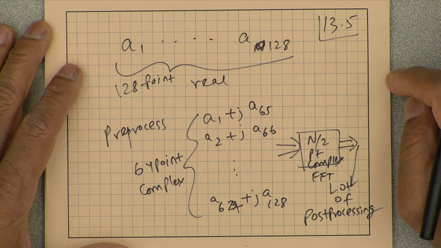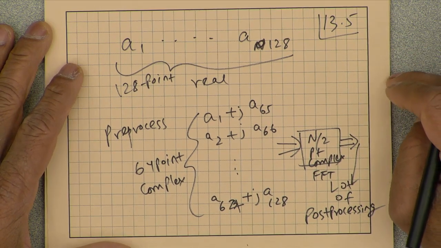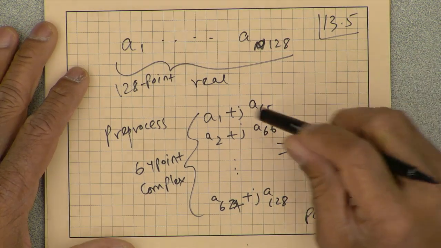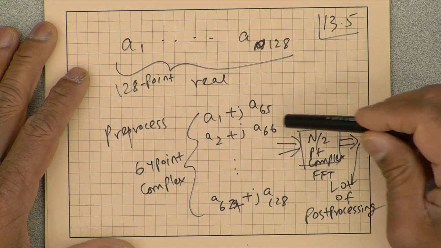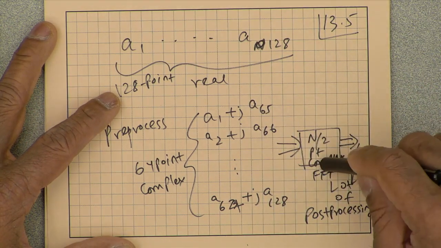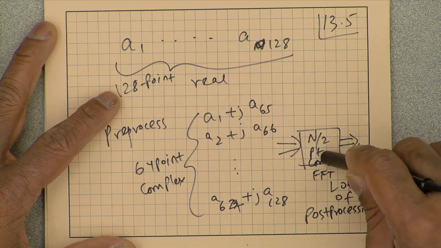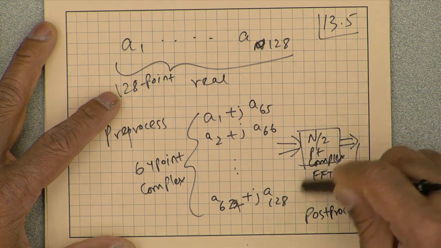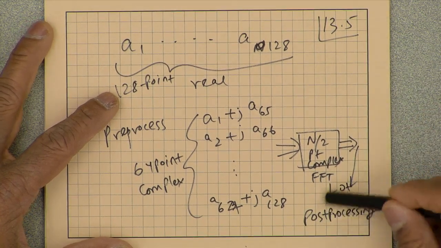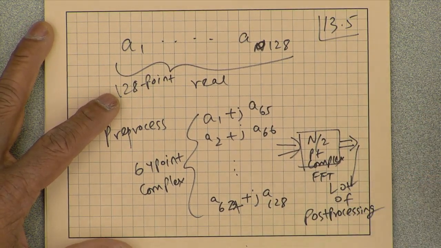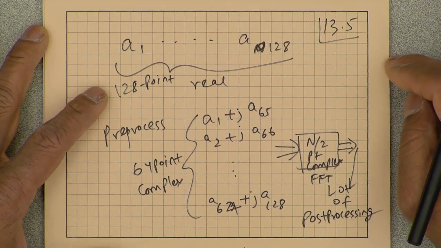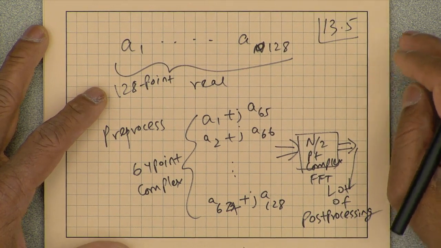So IFFT in the transmitter and the FFT in the receiver for ADSL applications by taking an n point signal, creating an n by 2 point complex signal, computing n by 2 point complex FFT, and then doing a lot of post processing. What post processing is going on is something I want to teach in this class, but I may teach it in the class next semester.